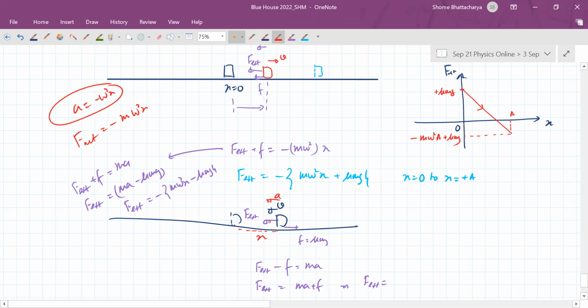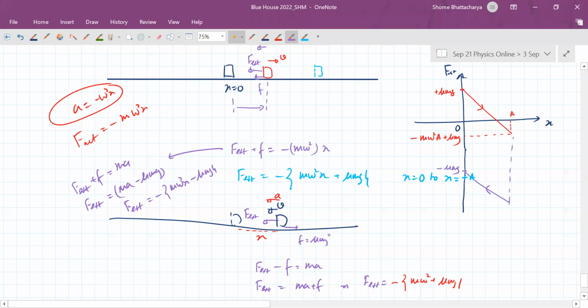Now, like that, when it's coming back, it has to be this kind of thing. F external has to be minus of, so while coming back, it is that other one that we had drawn. So with this kind of shape.